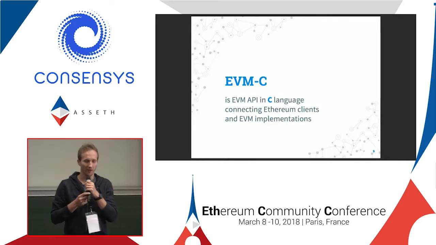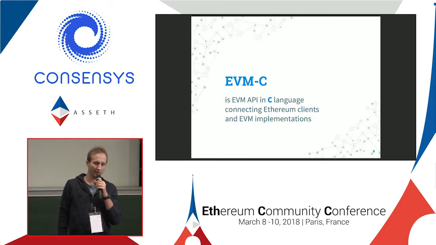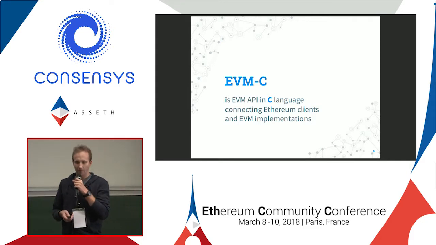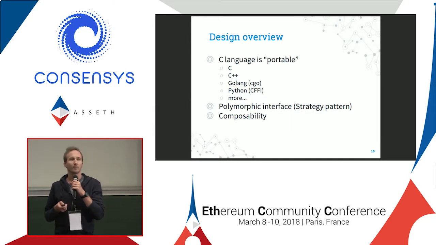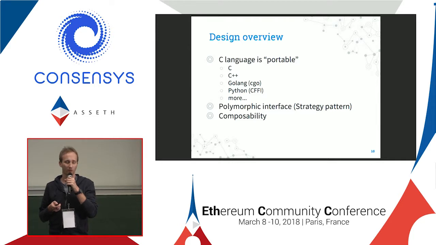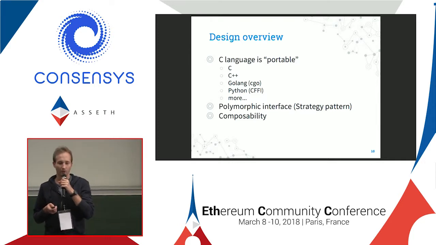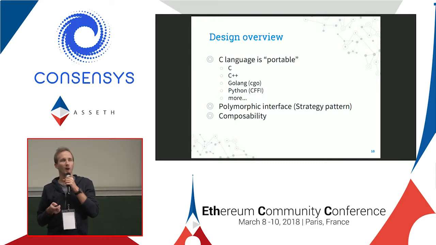What I came up with is called EVMC. The C comes from the C language, and the main motivation for making it was to ship the EVMJIT I mentioned before, back in 2014, to be available for other existing clients.